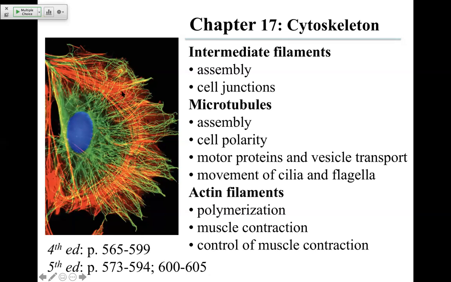And in red, we have stained actin filaments that form a structure around the periphery, but also extend out in this animal cell that looks like it's migrating towards the right of the image. So we'll look at not only the structure, but the function of these different types of filaments that are present in all eukaryotic cells.